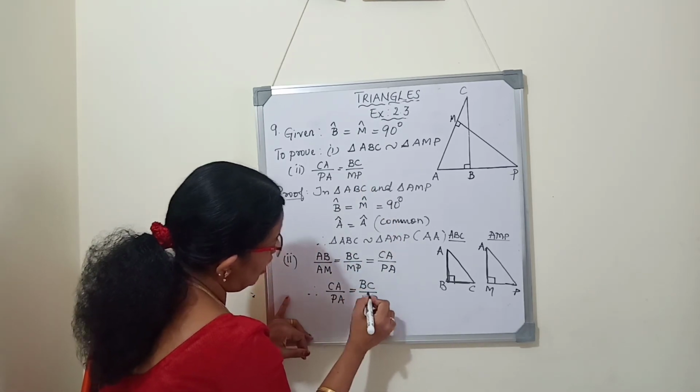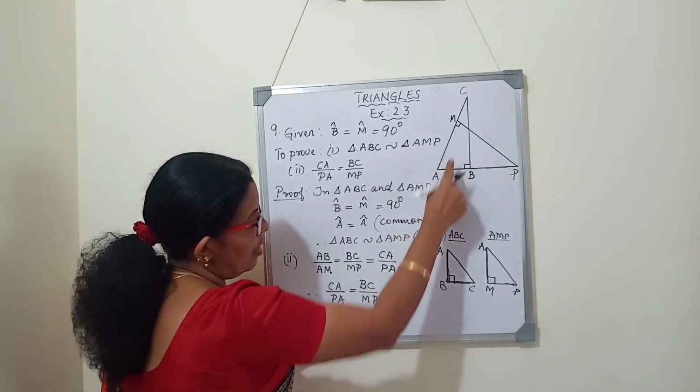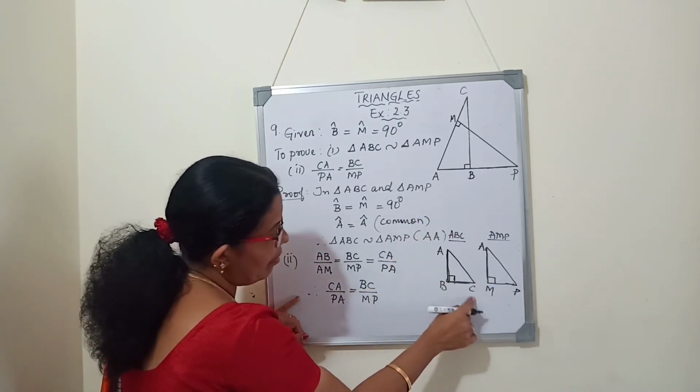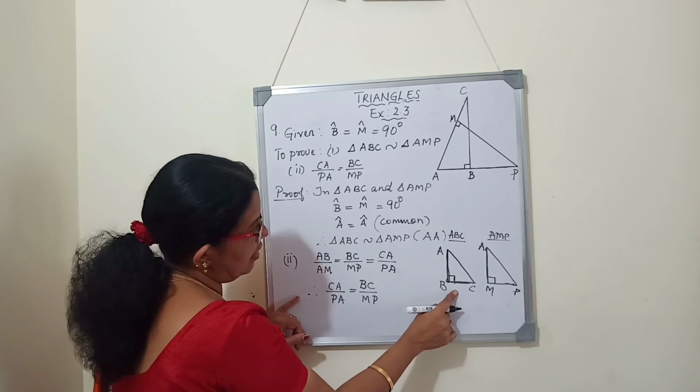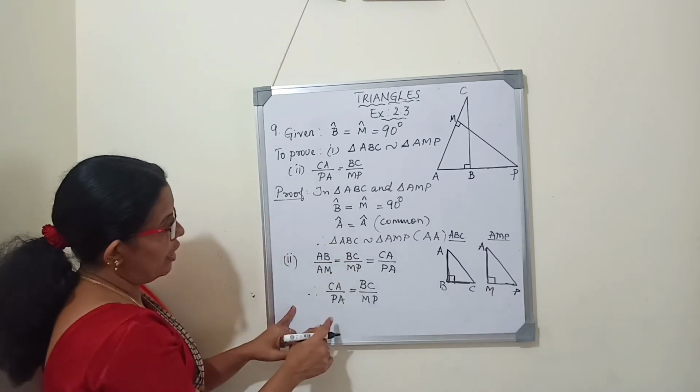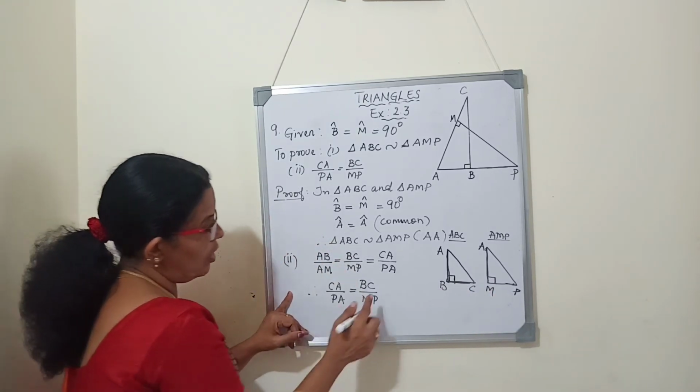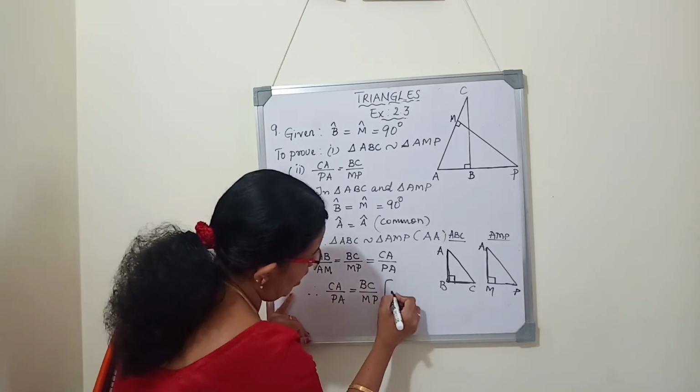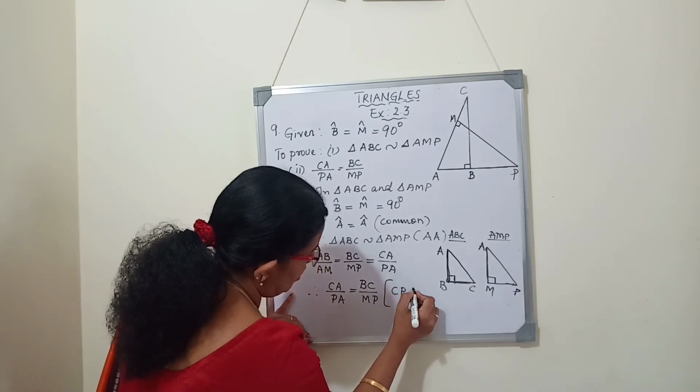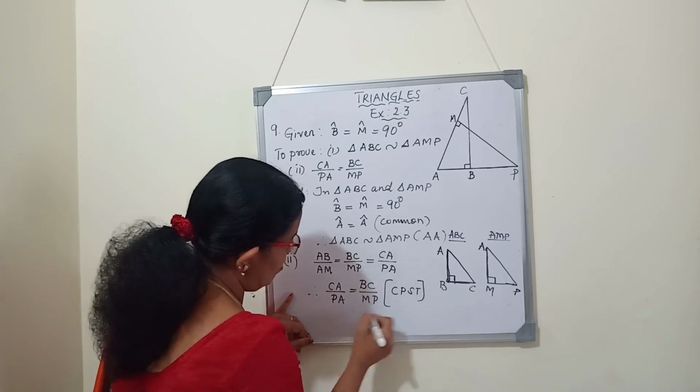So whenever the diagrams are confusing, we can draw the diagram separately, but we have to write the letters in the correct place. Then we can easily write the ratios. So the sides are proportional. When triangles are similar, we can write CPCT, corresponding parts of the similar triangles.